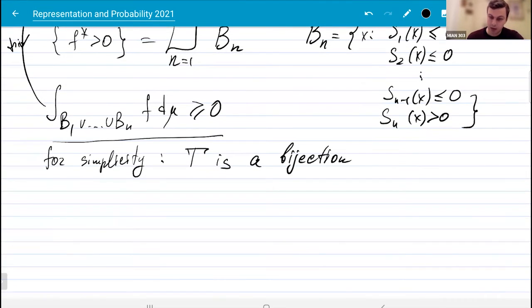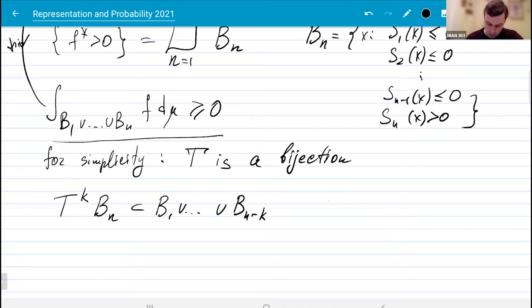I want to say that Tk of Bn belongs to the union of these guys when k is strictly less than n. Why is it so?